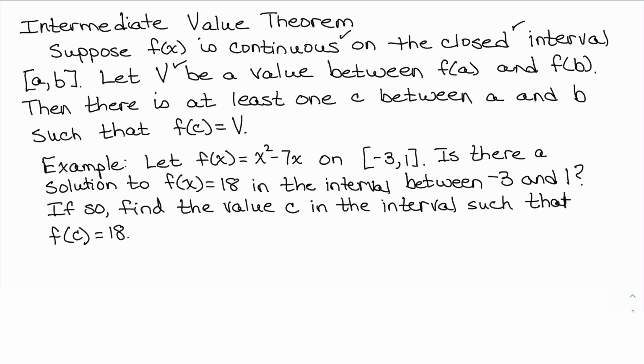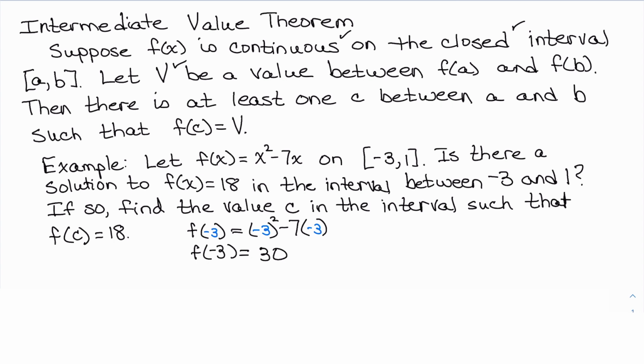Here, our function f of x is x squared minus 7x. So f of something is equal to something squared minus 7 times something. We want to start with that something being -3, the left endpoint of the interval. When we go through and calculate that, we get that f of -3 is 9 plus 21, or 30.